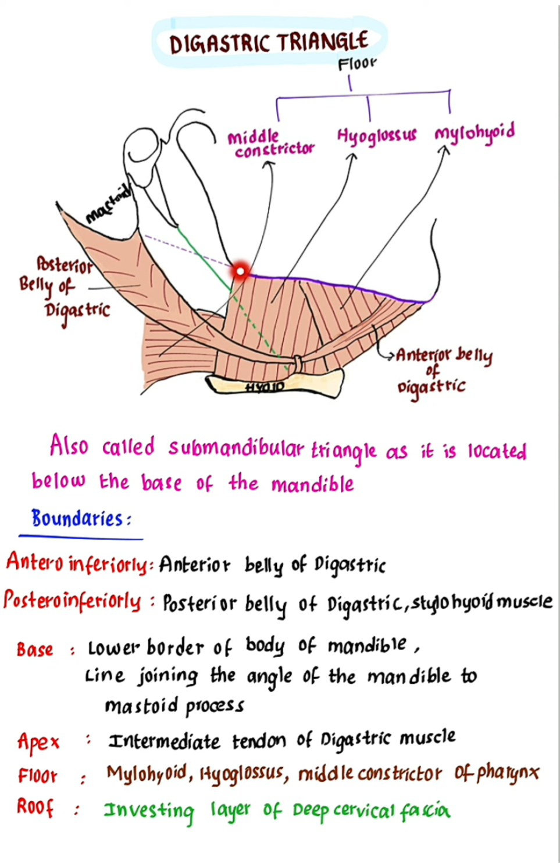It is formed by lower border of body of the mandible and the line joining the angle of the mandible to the mastoid process. Apex, it is formed by intermediate tendon of digastric muscle. Floor, it is formed by three muscles from anterior to posterior, mylohyoid, hyoglossus, middle constrictor of pharynx. Roof, it is formed by investing layer of deep cervical fascia.